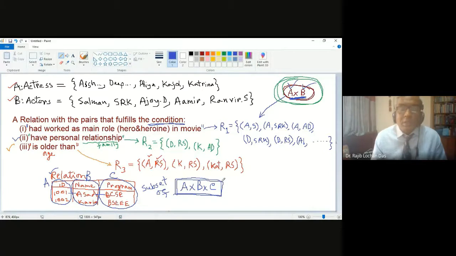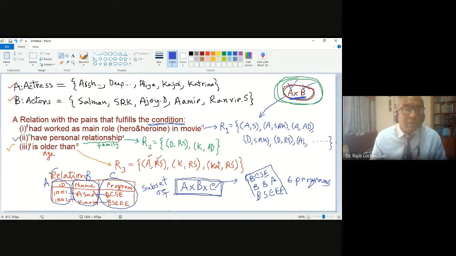In the program set, there may be say 5-6 programs. Say BCSC is one program, BBA is another program, BS Tripoli is another, and like that, say you have only 6 programs. If you have 1000 students, what will happen?